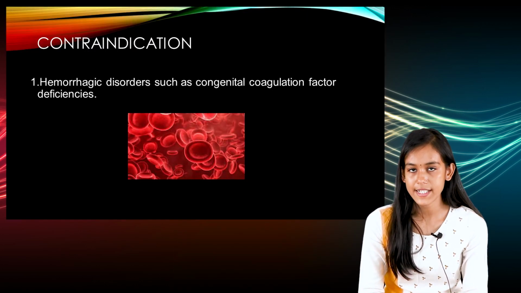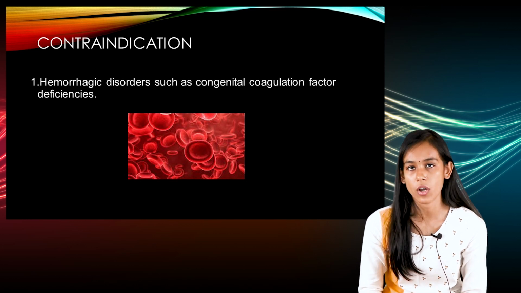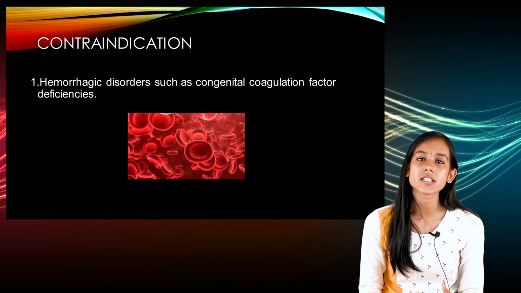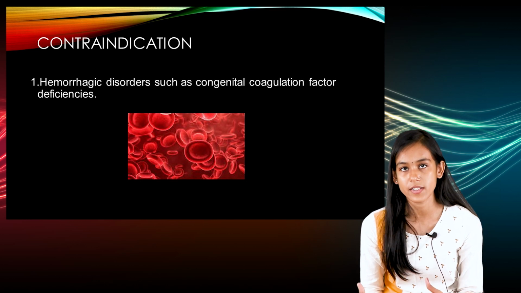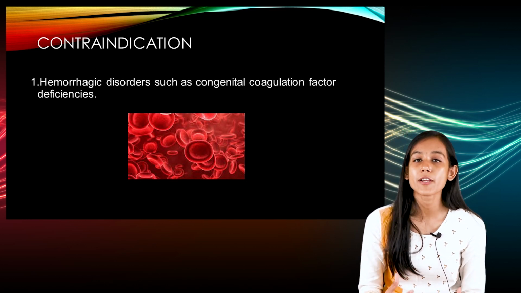So there are certain conditions where we should not perform bone marrow aspiration. So what are those conditions? Let us learn. The first one is any kind of hemorrhagic disorders, such as congenital coagulation factor deficiency, for example in hemophilia.